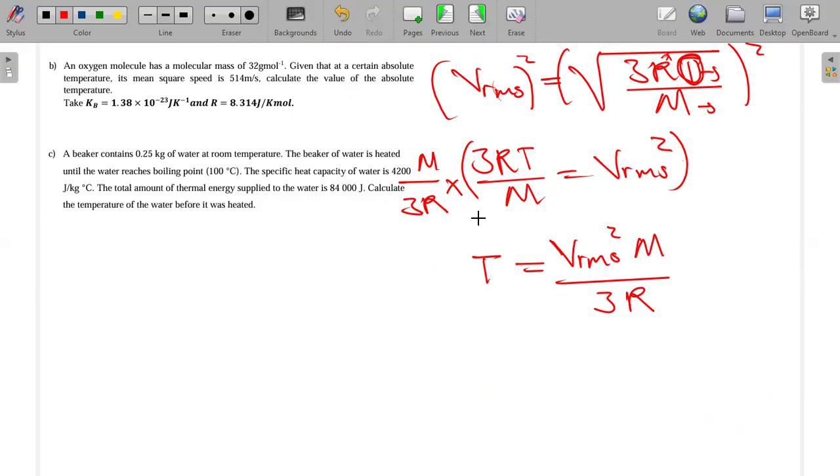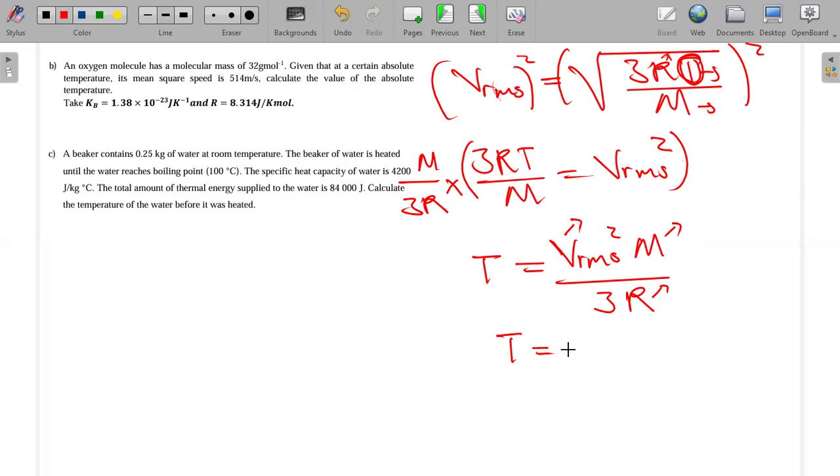Then from here, we can just plug in what we have been given, because they've already been given in SI units. We've been given the root mean square speed itself, the molar mass, and the universal gas constant. So I'm just going to plug in what I've been given.